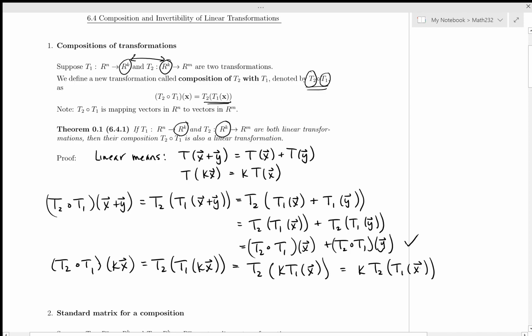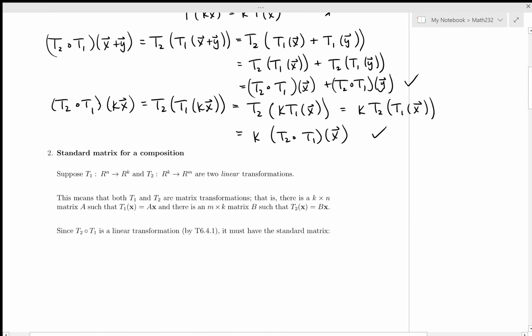That's by the linearity of T2, and we are done. It's the homogeneity, this one here, has now also been satisfied. So we first showed this condition was satisfied, then we showed the second condition satisfied, so we are done. The composition is linear.